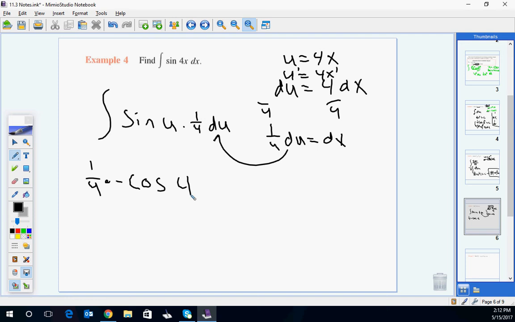So plus c. And that's the answer. You have to plug u back in, but it's negative 1/4. That negative just distributes: cosine 4x plus c.